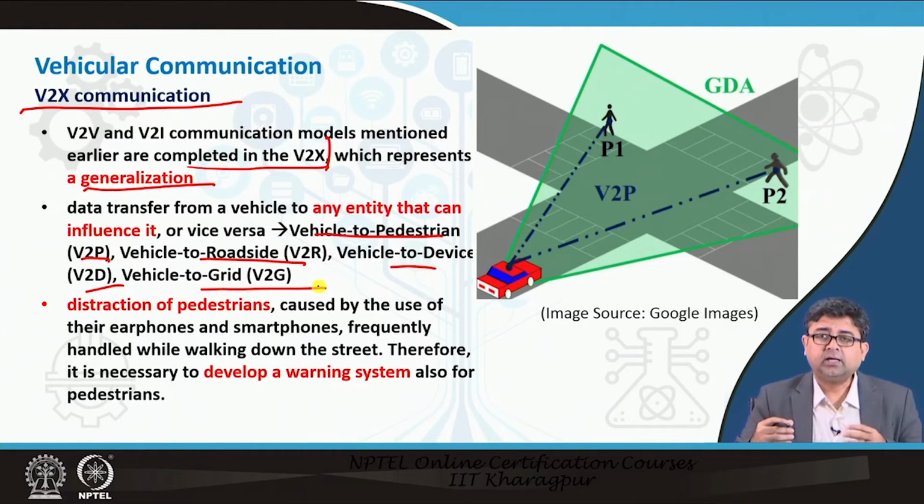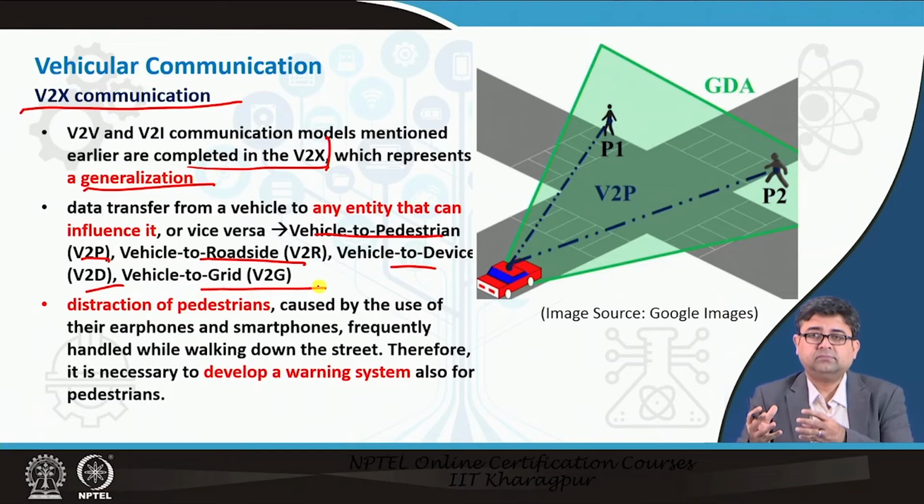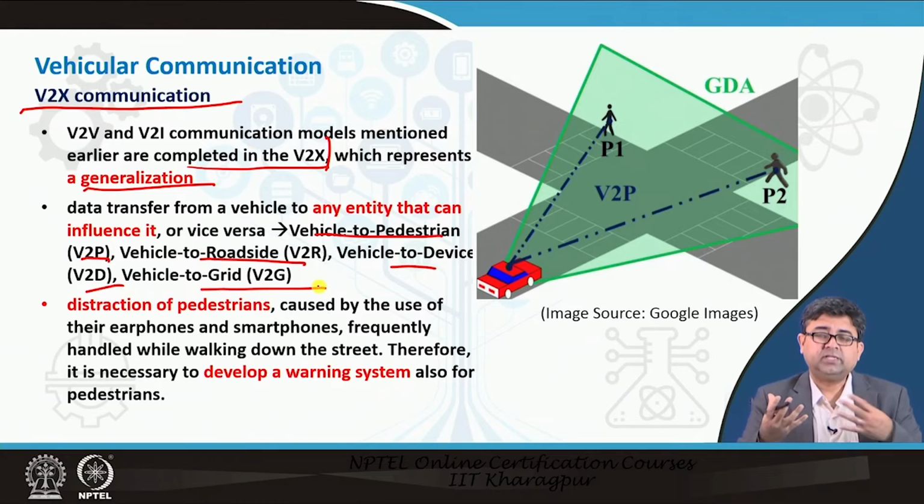This can alert a pedestrian, for example, who is trying to cross a street at an unsignalized intersection, and the vehicle can communicate with the person trying to cross, and maybe send a message to his or her mobile phone saying that a vehicle is approaching, please be alert.